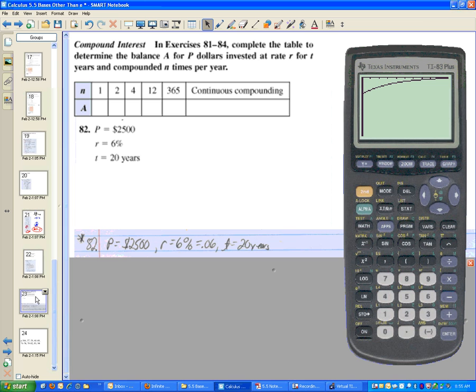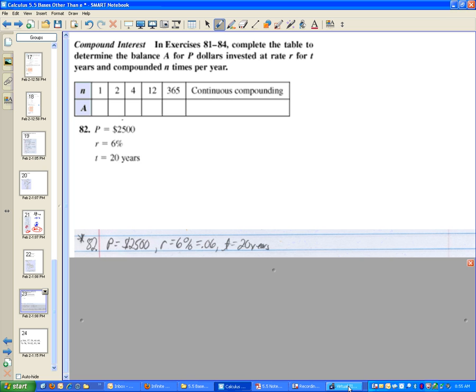All right, number 82. Have you ever seen this? You have to. So these should be easy problems, should they not? Total amount equals the principal times e to the rate times time.